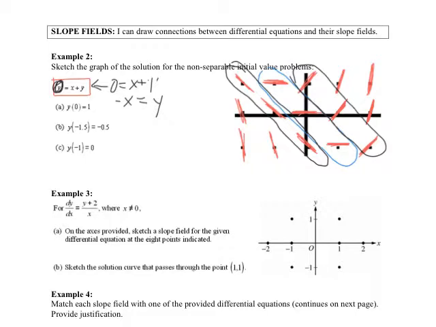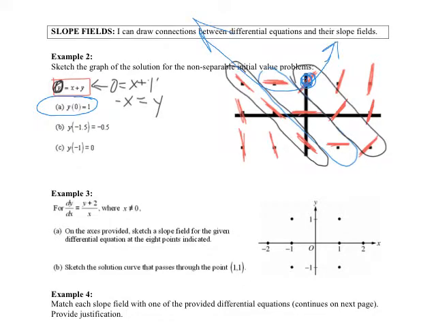So part A asks us to find the particular solution given that initial condition. If it passes through (0, 1), that would be this point here, and it would probably appear that that curve does something like this.